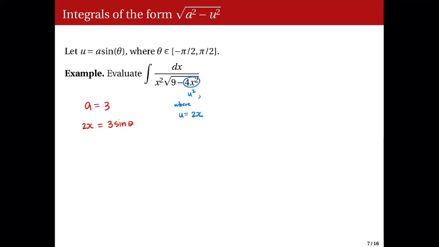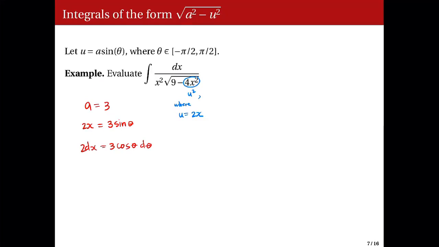But u here is 2x, so we have 2x equals a sine theta. Now, from here, we have 2dx equal to 3 cosine theta d theta.